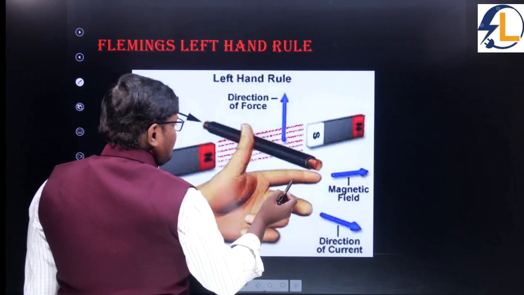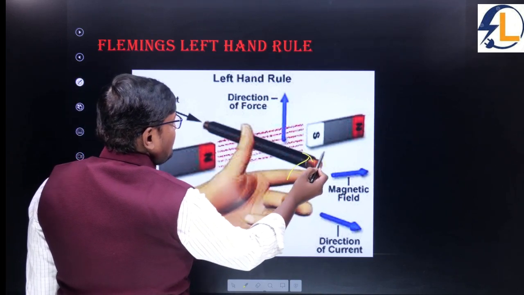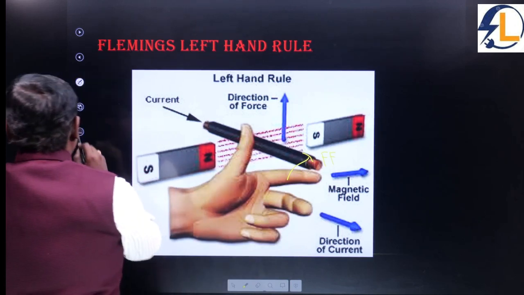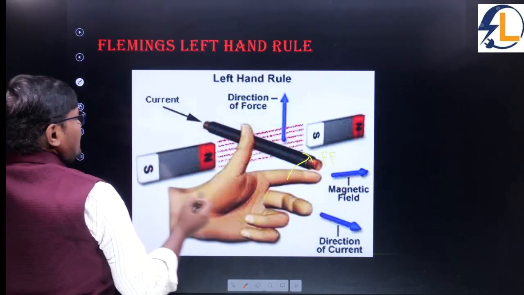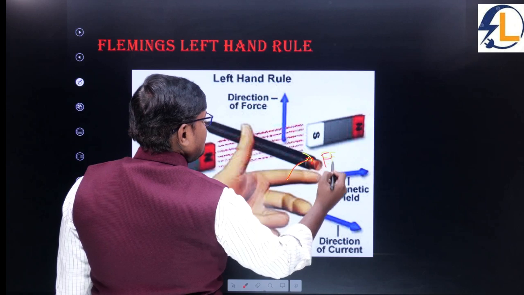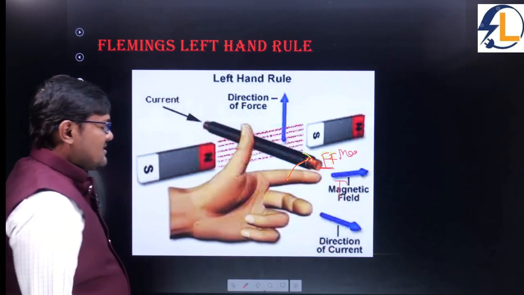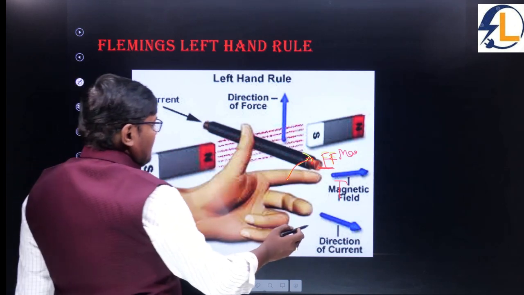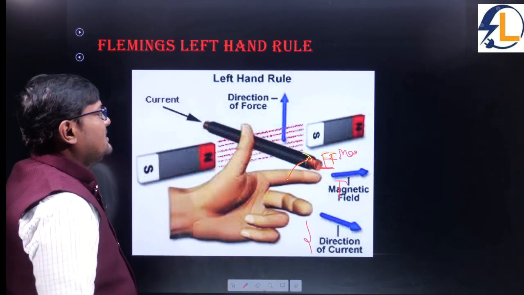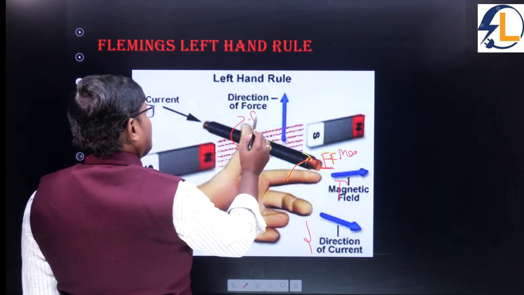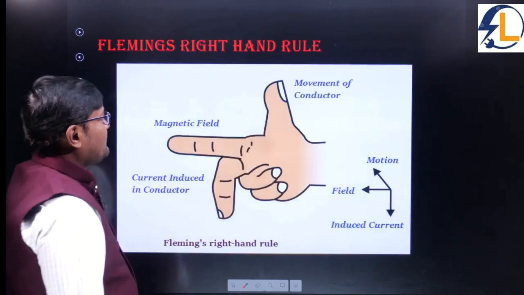The forefinger represents the magnetic field, the middle finger represents the direction of the current, and the thumb indicates the direction of the force. So here force is the unknown quantity.